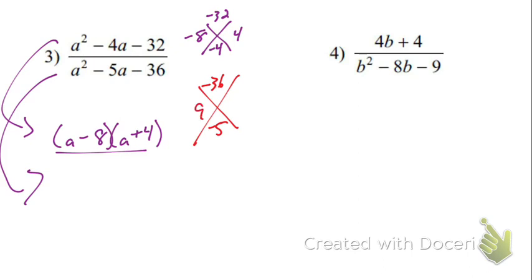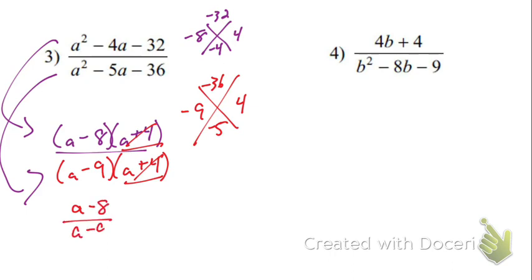So if I did 9 and 4 but made the 9 negative, this would be a minus 9 and a plus 4. Well, the a plus 4s match up, so they're both gone. And I'm left with a minus 8 over a minus 9 for my answer. That's my simplified fraction, if you want to talk about that.